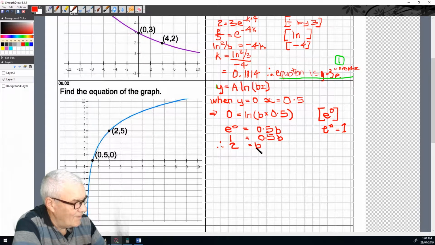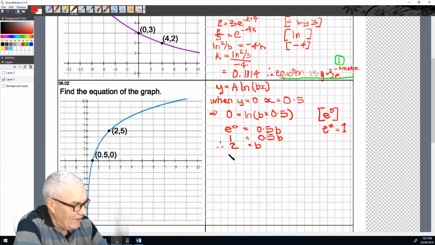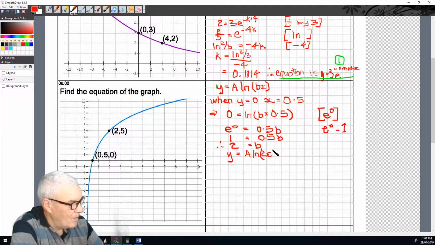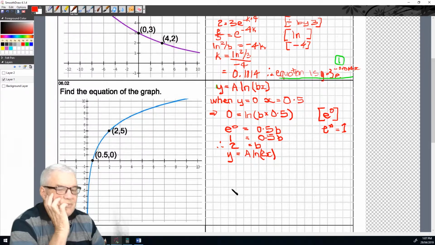So therefore, we have y now equals a ln 2x. We don't know what a is, but we do know what b is. y equals a ln 2x.